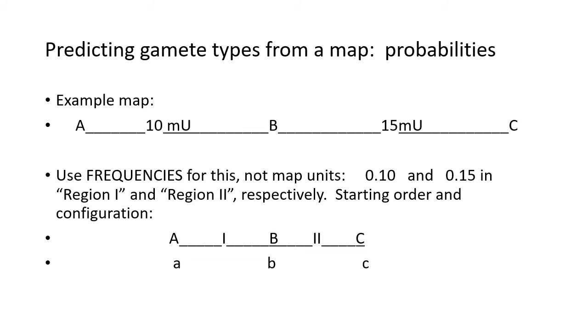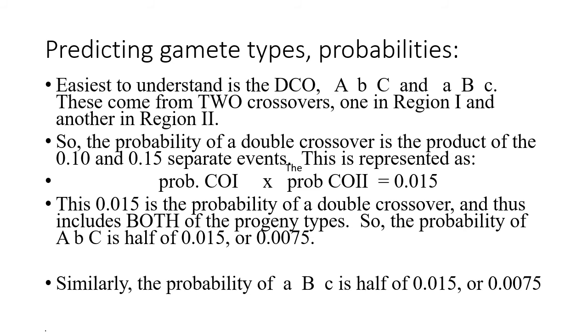In order to actually make predictions, we have to know what the order and configuration of the alleles will be, and we're going to use big A, big B, big C on one homolog, little a, little b, little c on the other, linked in that order at those distances. Okay, so predicting gamete types or progeny phenotypes, the easiest one to start with to understand is the double crossover. So our progeny, big A, little b, big C, little a, big B, little c, those are the double crossover progeny. So they come from two crossovers, one in region 1 and one in region 2, between A and B, between B and C. So this is a simple probability.